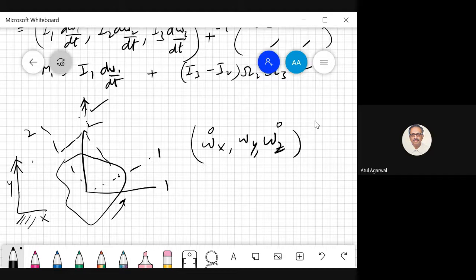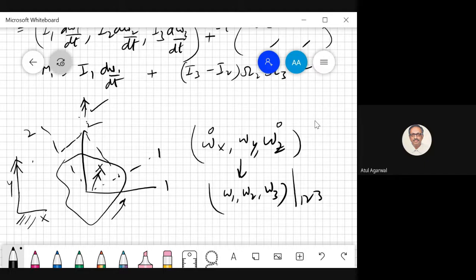You get my point? Whatever we used to do with vector transformation, we will first have to apply to this vector to get the components omega 1, omega 2, omega 3 in the 1, 2, 3 system. If we are measuring any vector in this 1, 2, 3 system, then the unit vector components are the same.